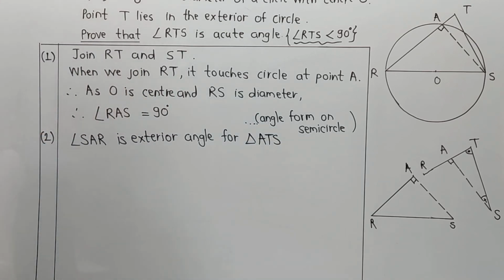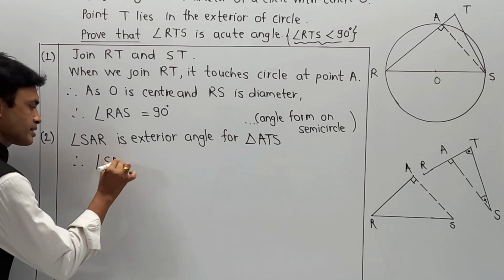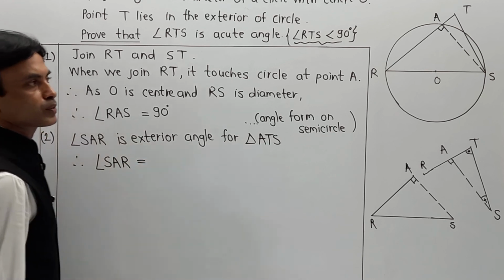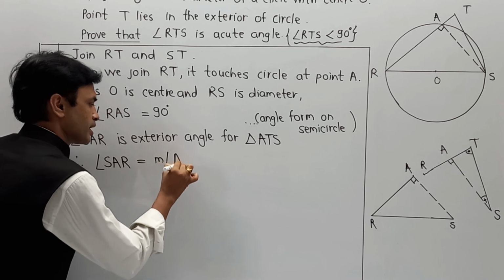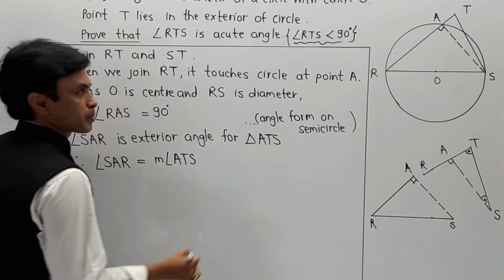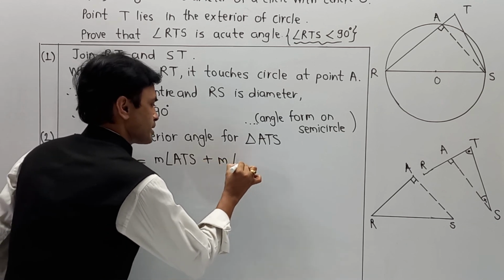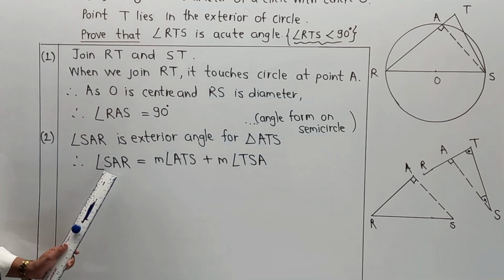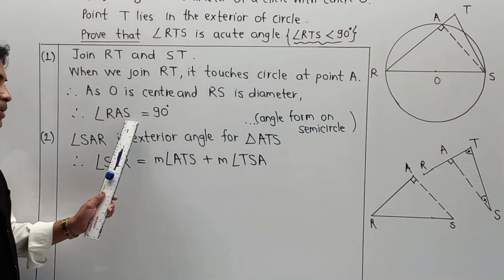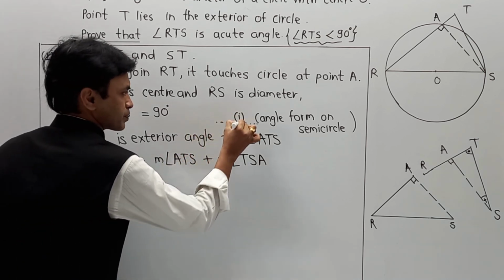So we are using the property of exterior angle. Therefore angle SAR is equal to measure angle ATS plus measure angle TSA. Now second part, angle SAR that we have completed, SAR is 90 degrees from your equation 1.